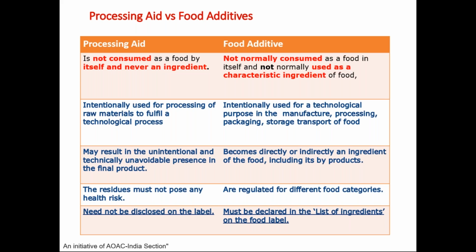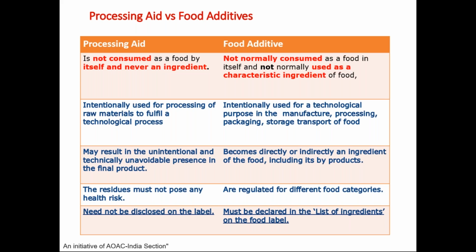But before that, you need to know the difference between a processing aid and a food additive. We have looked at it earlier, but just to remind you, a processing aid is not consumed as a food by itself, and it is never an ingredient. It is only used to aid in the manufacture or processing.